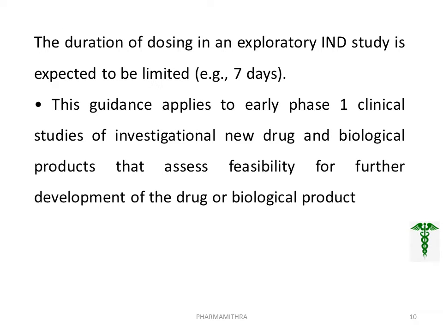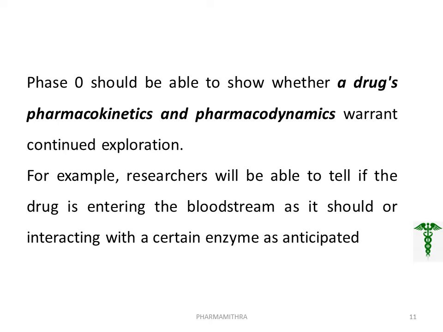This study is normally carried out for a period of, for example, 7 days. Phase 0 is usually done early, before phase 1 clinical studies, and using this we can check the feasibility for further development of the investigational new drug product.